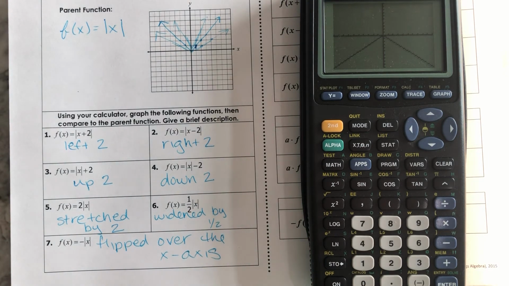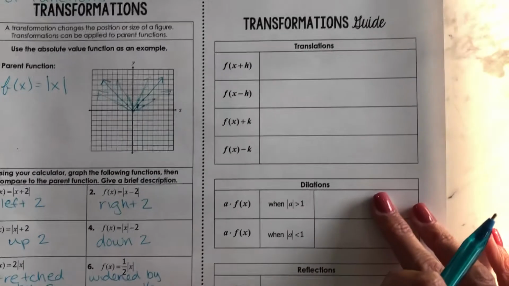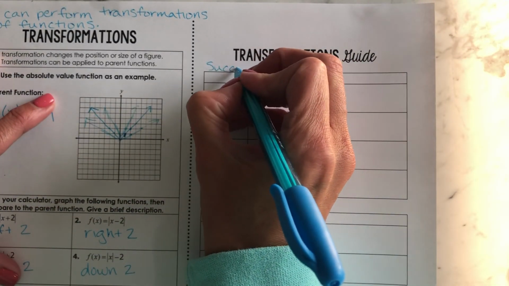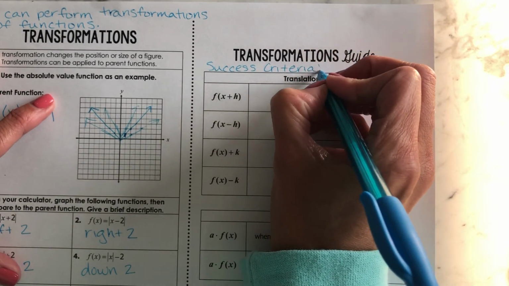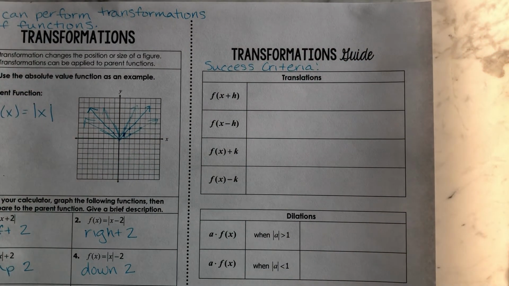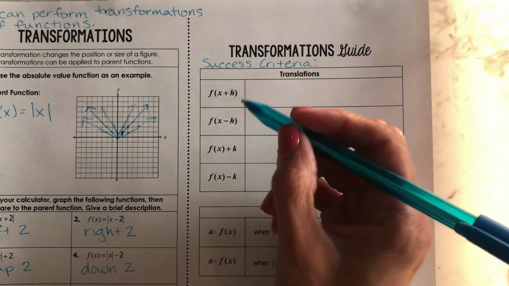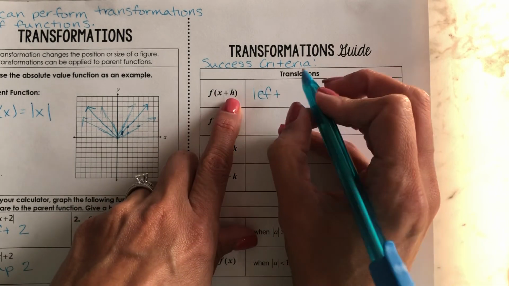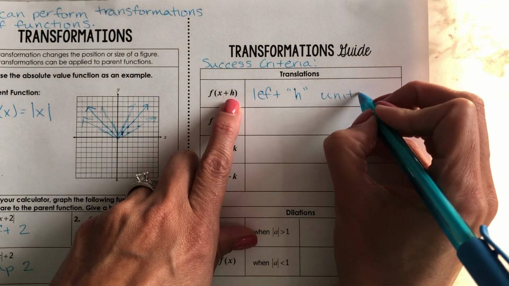Okay, let's take what we learned here and put it to some success criteria. Here is your success criteria. Let's summarize what we just discovered. When you're adding inside, it's moving to the left, whatever that number is, left h units.